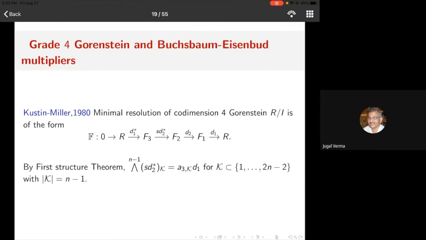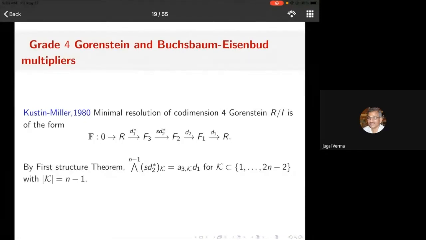One more thing is that the existence of this S, which is in hyperbolic form, divides the differential D2 into two parts. One part we can denote as a hyperbolic basis, and denote by columns 1 to n minus 1, and the other as minus 1 up to minus n minus 1, because of the existence of this map S. Now by the first structure theorem, the n minus 1 exterior power of S times D2 star, with indexing set K, can be written as A3K D1.